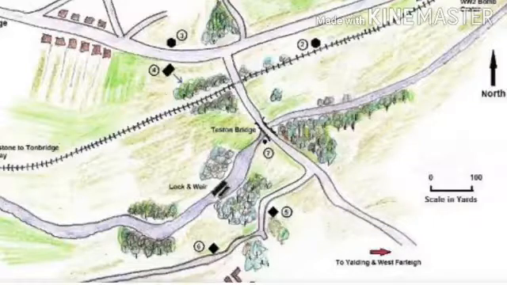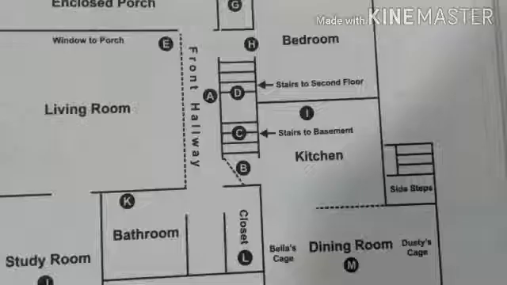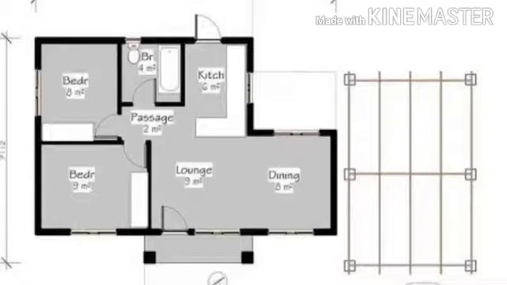Now we come to plan. You might have heard about engineers and constructors. Engineers and constructors need to draw an accurate map of a very small area like a house or a building complex. This is called a plan.